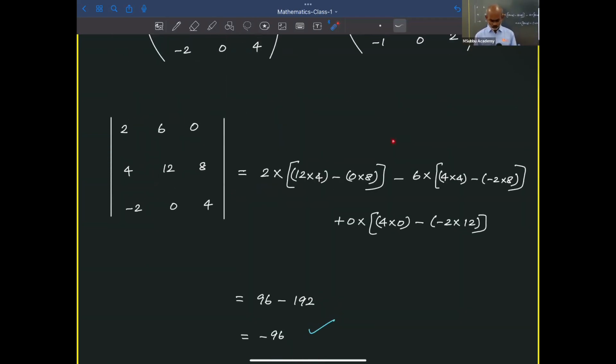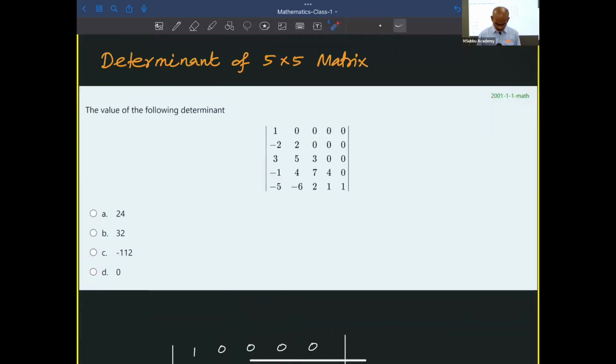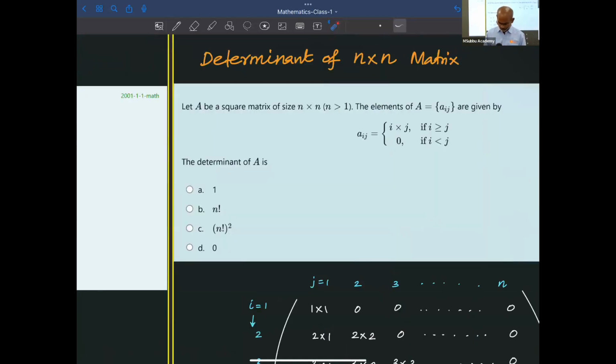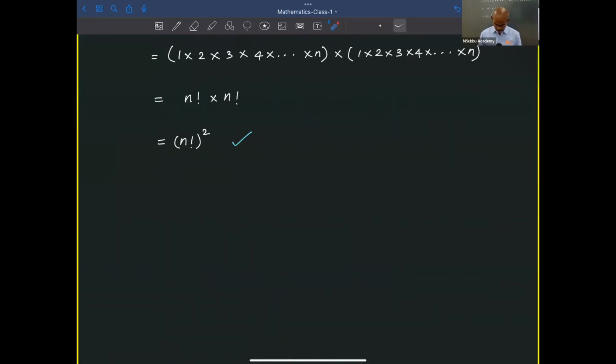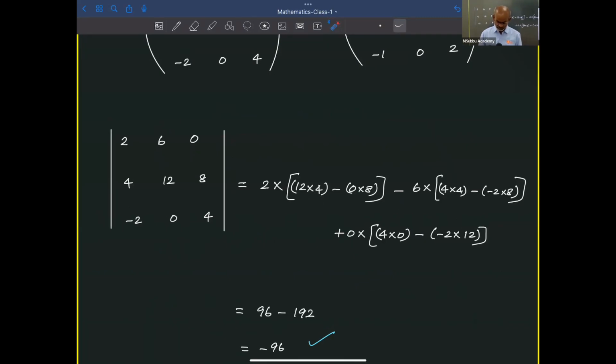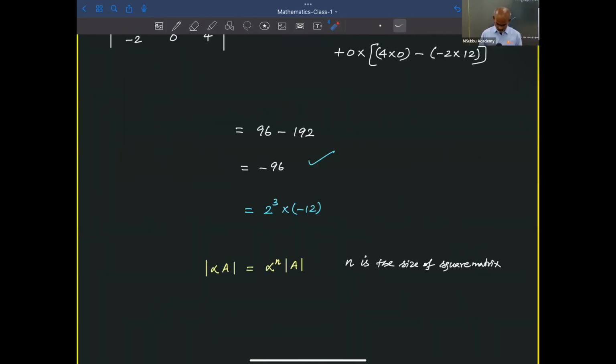In the case of 4 by 4, the elements are multiplied 4 times, and for 5 by 5, every element gets multiplied 5 times. So for a 3 by 3 matrix it is 3, and for a 4 by 4 matrix it will be 4.